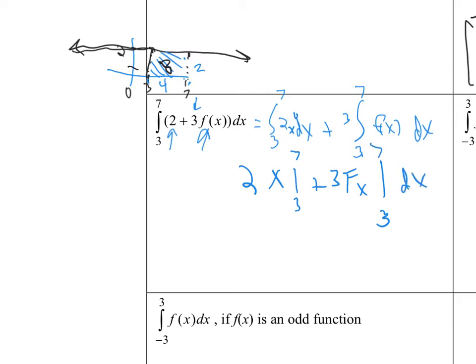So plug in the top number, 2 times 7 minus 2 times 3, plus 3 times the answer of f of x from 3 to 7, which was a negative 8.